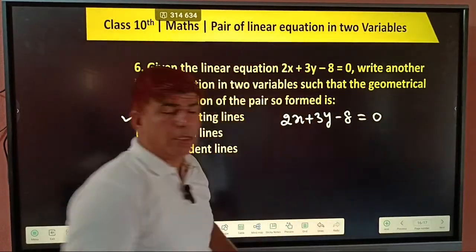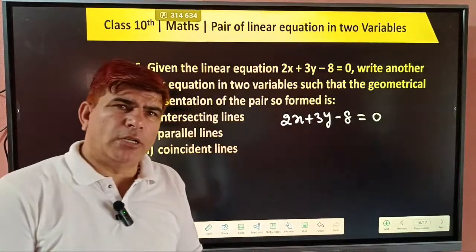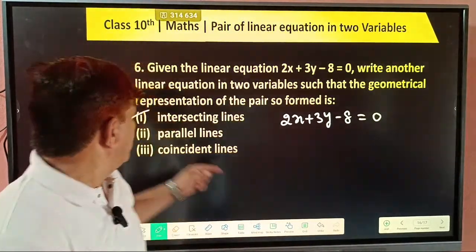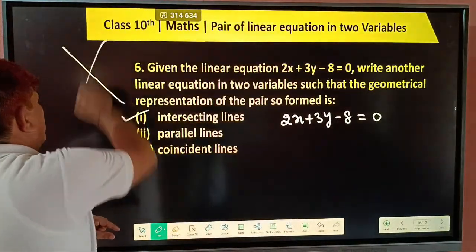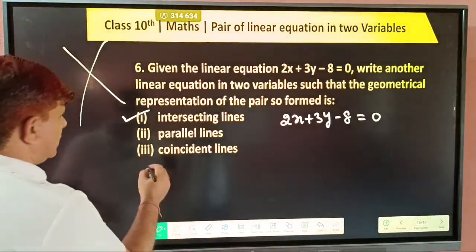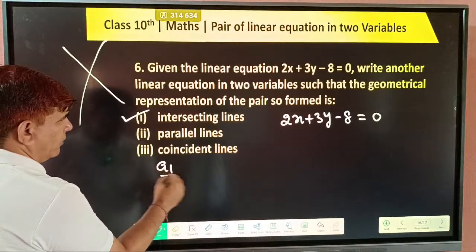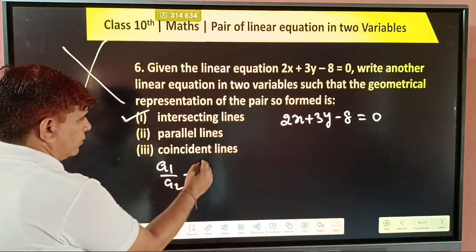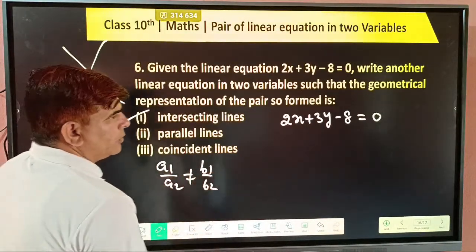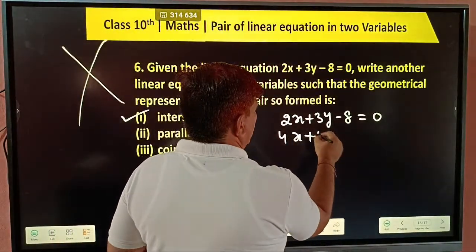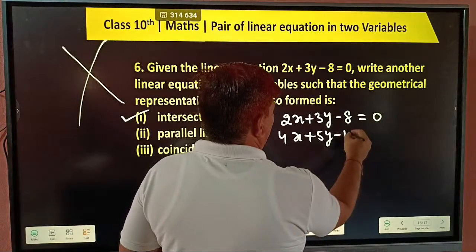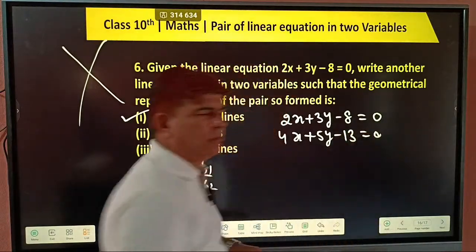You have to write another linear equation in two variables such that the lines intersect. It means this type of graph comes. In this type of graph, what do we need? A1 by A2 not equal to B1 by B2. I can write like this, x plus 5y minus 13 equal to 0.